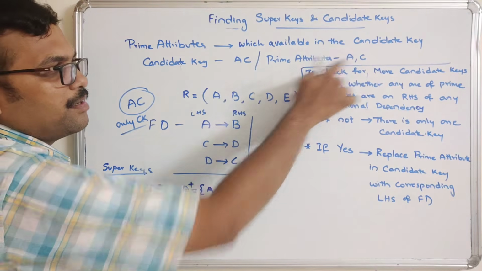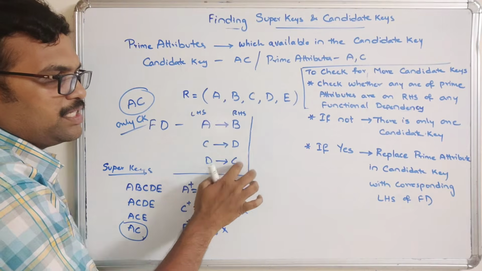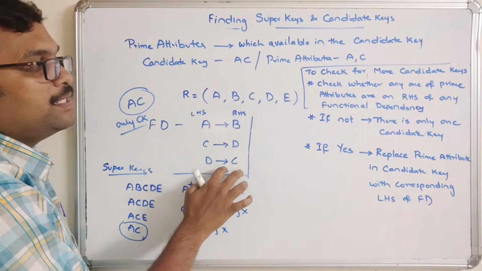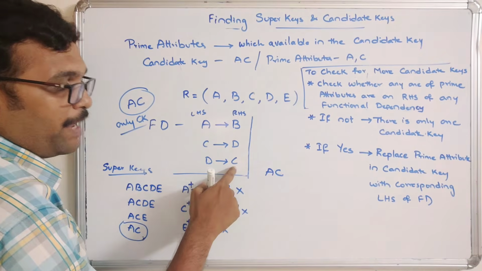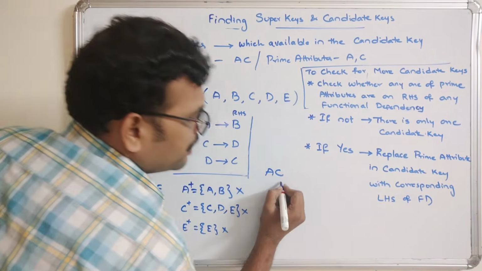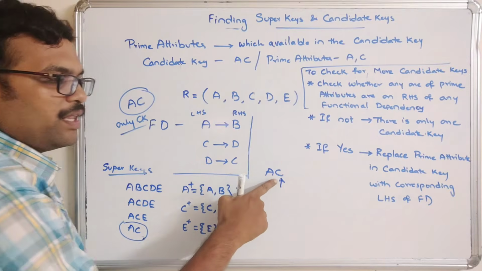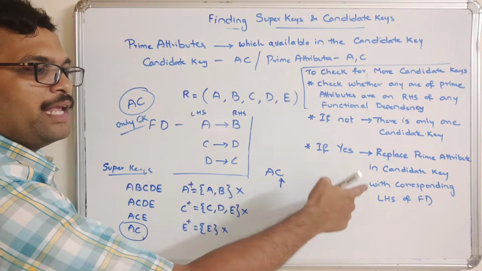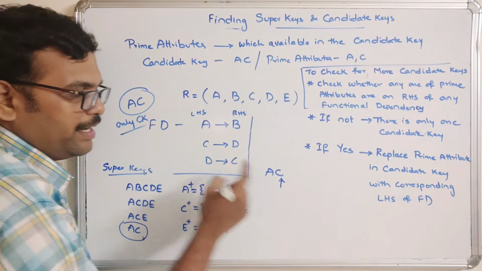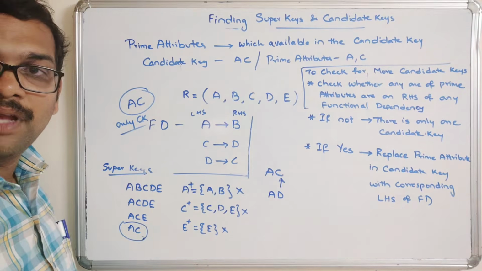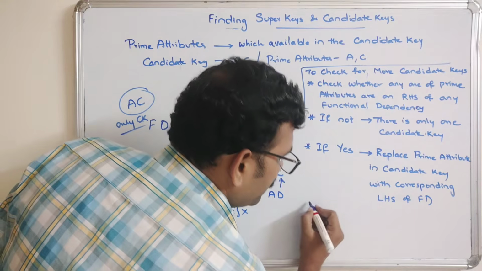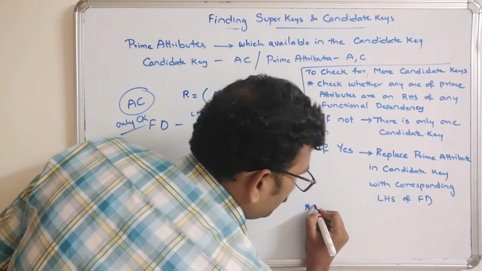C is available on the RHS of this one, so take the candidate key AC and replace the prime attribute, which is C, with the corresponding LHS. What is the LHS here? D. So AD.